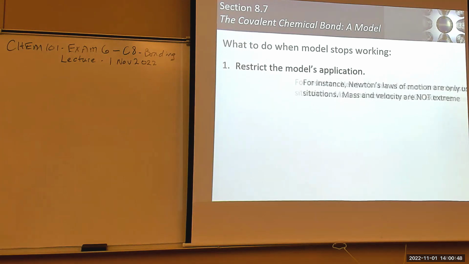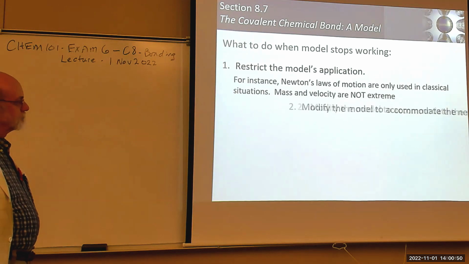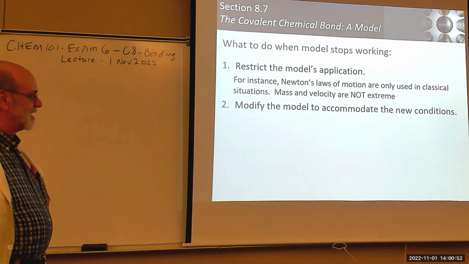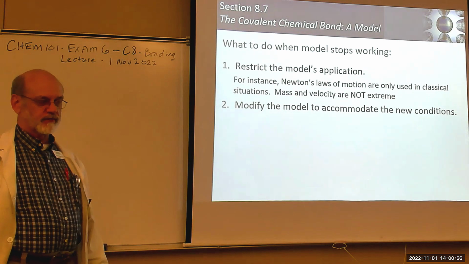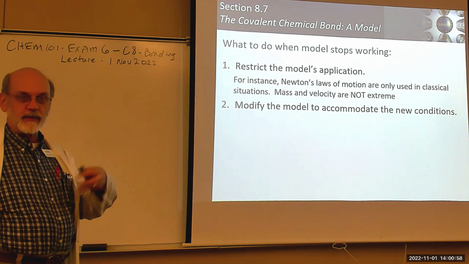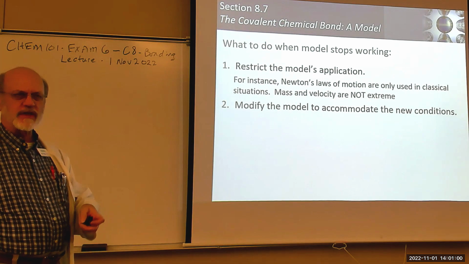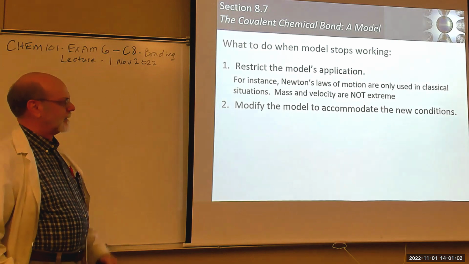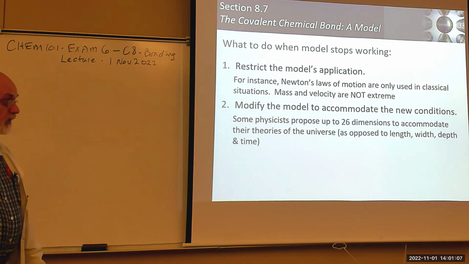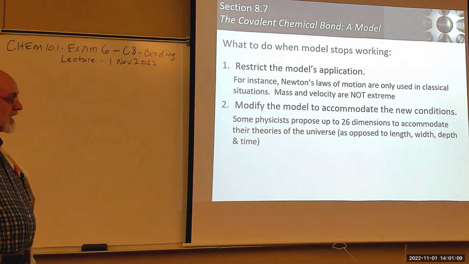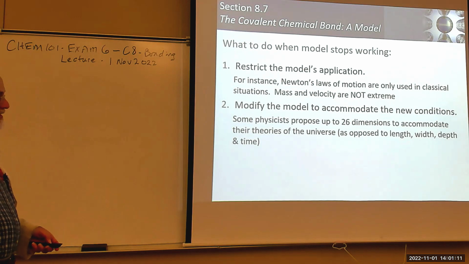What are your other options? Well, you can tweak the model for a while to keep it working, as long as the tweaks make sense. Right? It can get really ridiculous because some physicists now propose 26 dimensions, right?